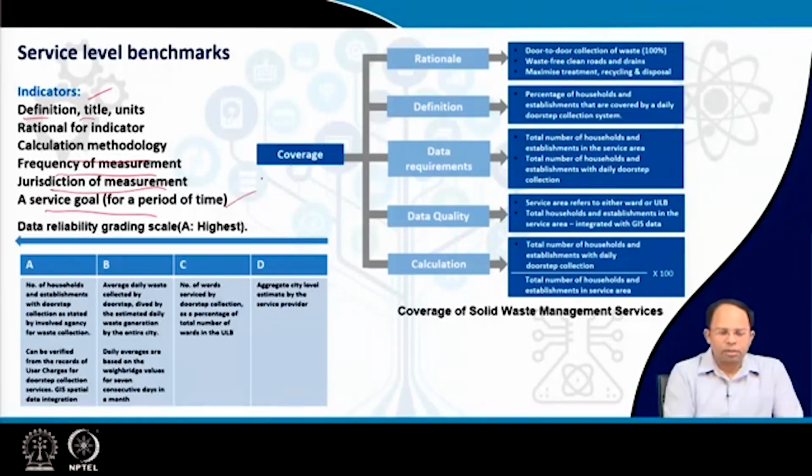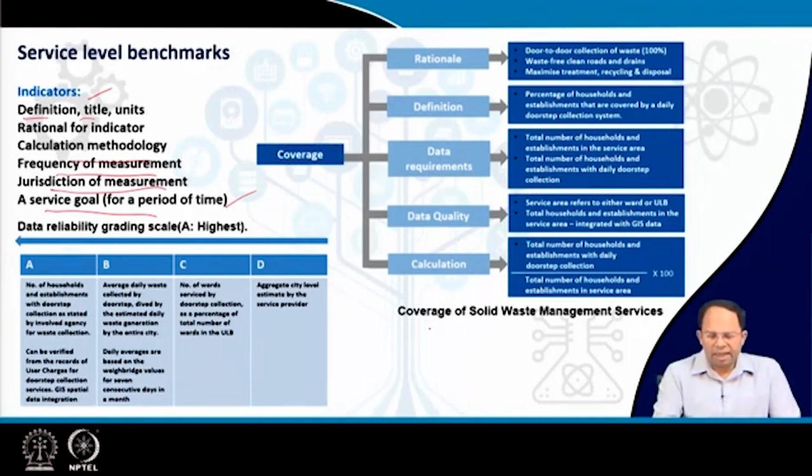In addition to that, there is also the reliability of that indicator. That means when I am measuring that indicator at the urban level, I am using certain ways to measure it. Sometimes these ways are not reliable, or the reliability levels differ as per the data that we use for measuring this. So let's go into the detail.